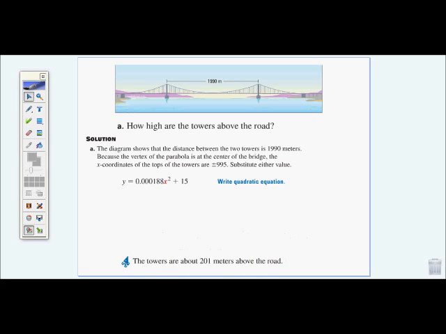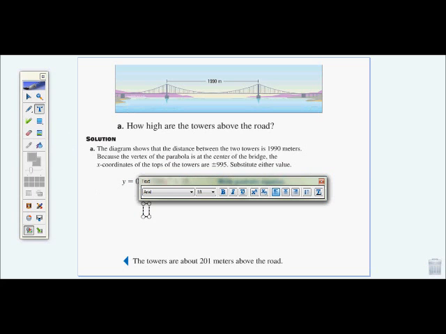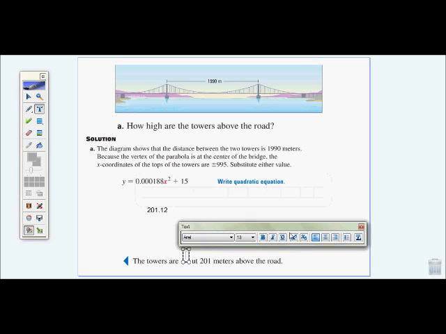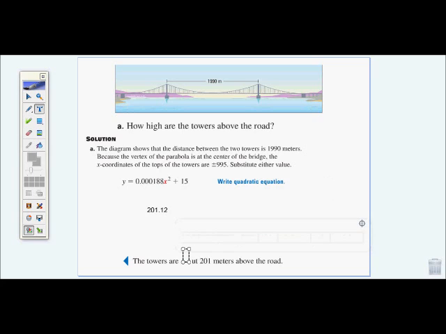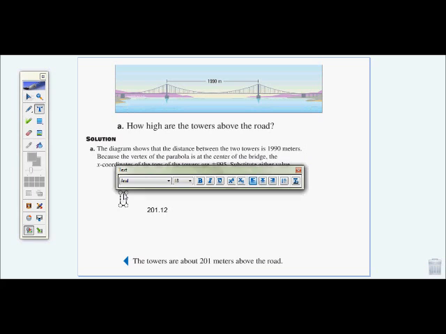From the book, we would end up with y approximately 201.12. So the towers are about 201 meters above the road. Just substituting in our 995 for x, I'll type that in here as well.